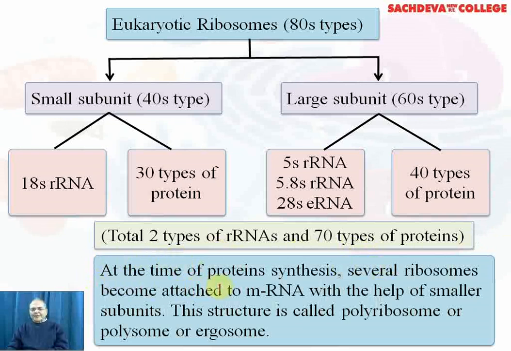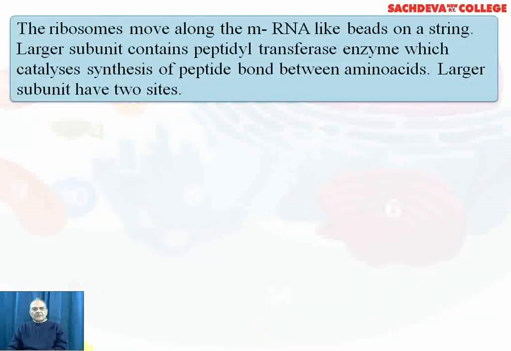At the time of protein synthesis, several ribosomes become attached to the mRNA with the help of the smaller subunit, and this structure is referred to as polyribosomes, polysome, or ergosome. The ribosomes move along the mRNA like beads on a string.